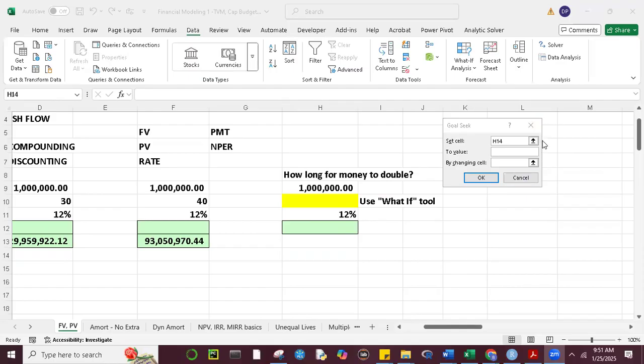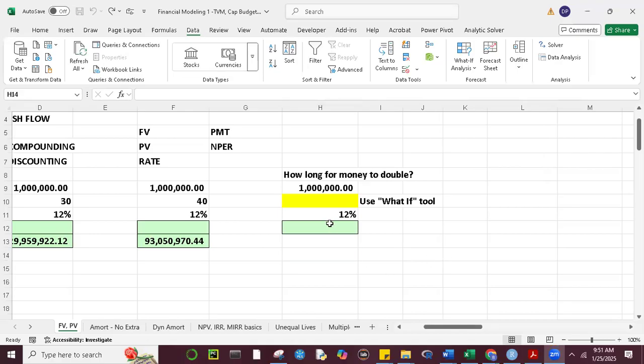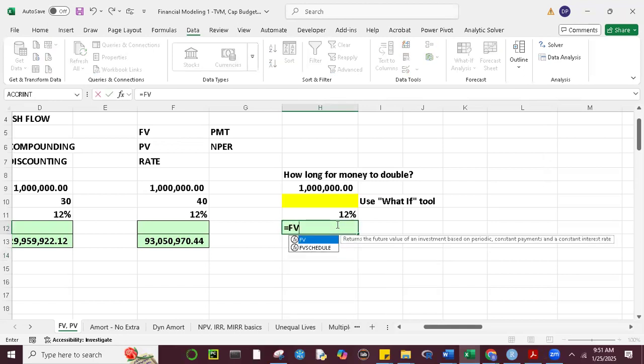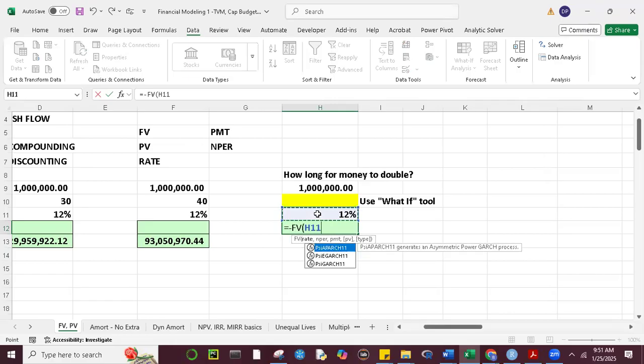So let's first write it here once again. We want the future value, right? I put a negative here, negative FV. The rate is 12%, comma. The NPER is this one; I'm leaving it blank first. PV is this one.